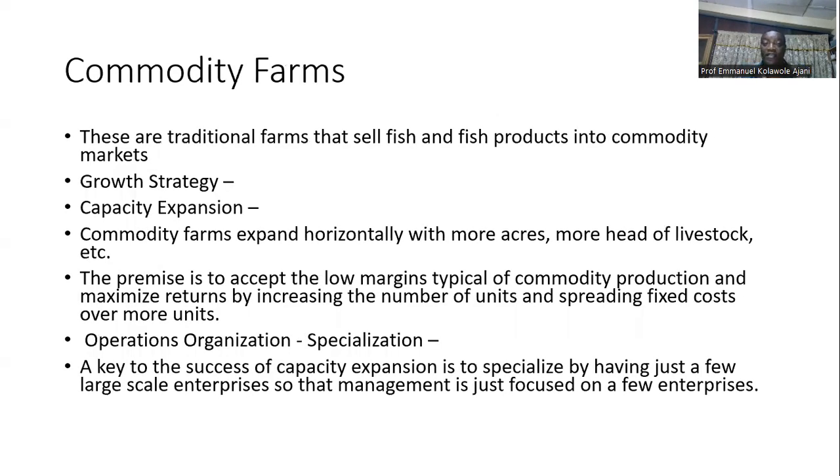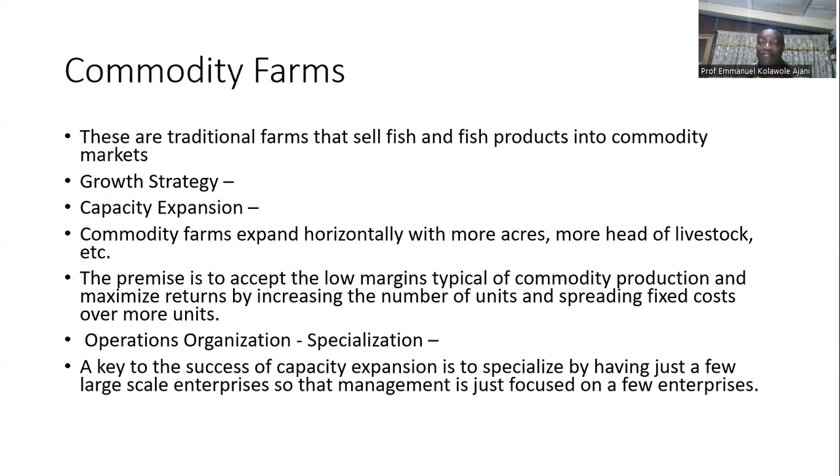Let's look at commodity farm. This kind of farm, what we call commodity farm, are traditional farms that sell fish and fish products into the commodity market. They produce fish and fish products and sell them to Iyaleshiloye.